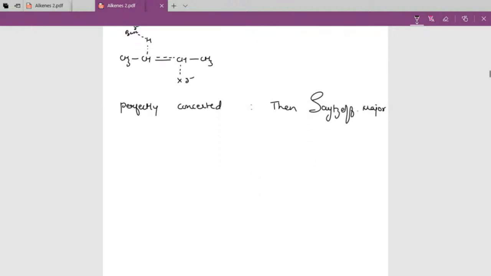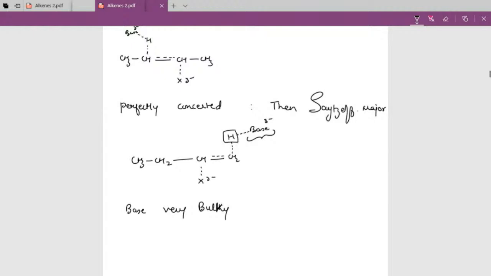But whatever the reasons may be, if instead of this X, del minus, CH2, H, the base becomes very bulky, it is easier for this base to approach the less substituted carbon's H rather than the more substituted carbon's H. Why?